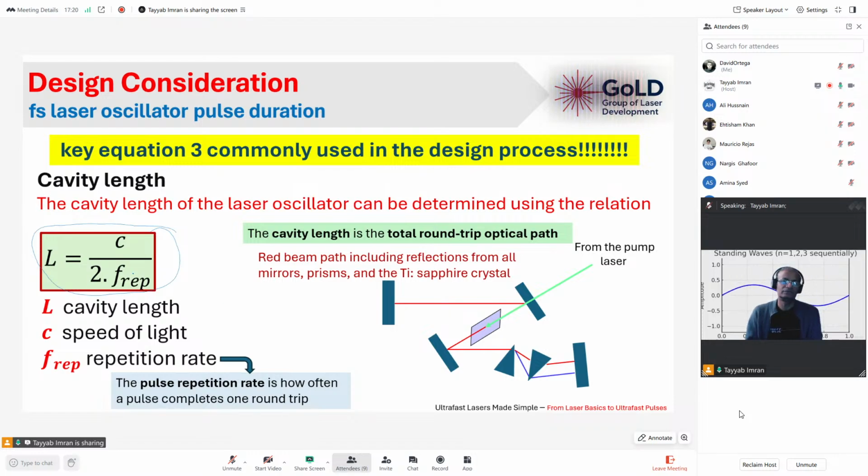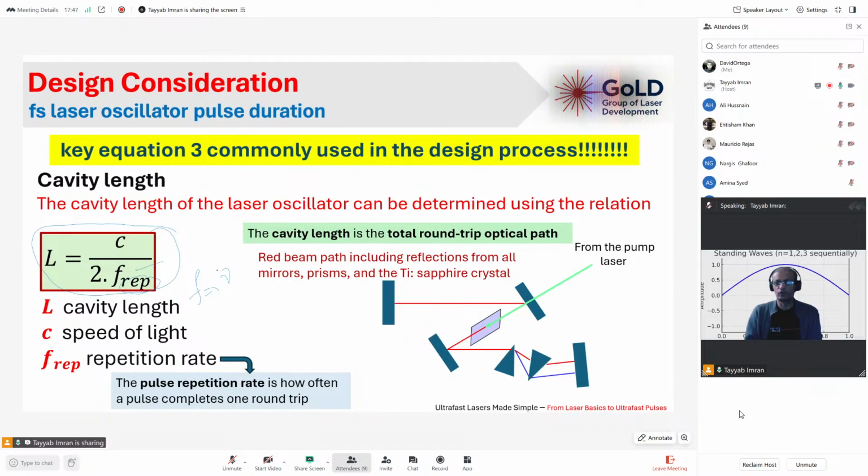And this frequency, if you see the subscript here, is rep. It means the repetition rate. I can write it like this, no problem, because in the previous slide I used nu and here I'm using f, so that is why I need to mention this.